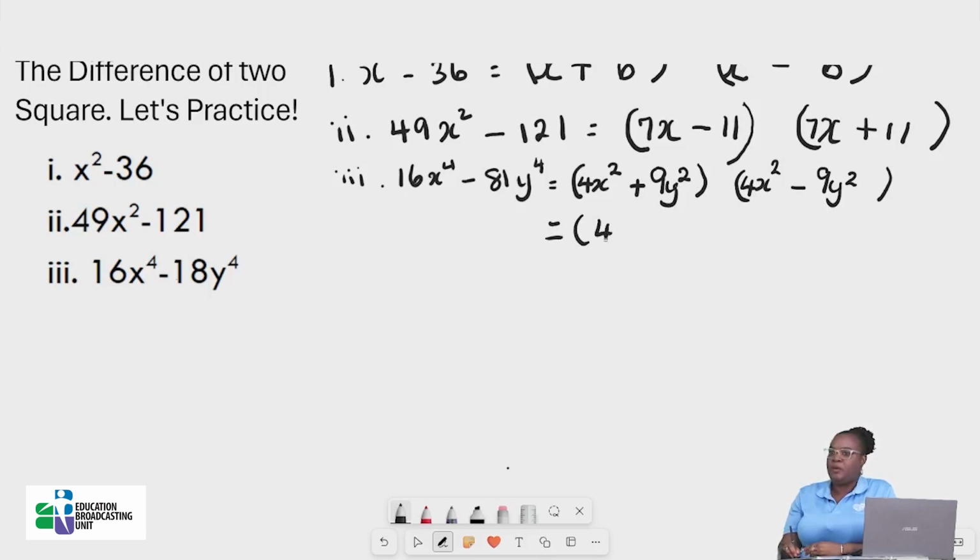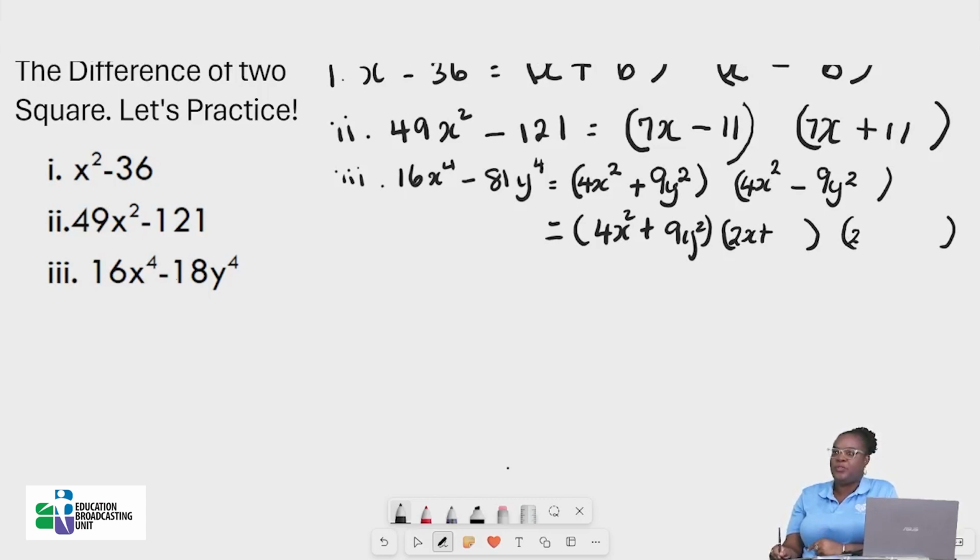So we are keeping our first bracket, and we will then factorize our second bracket. So the square root of 4x squared is 2x.